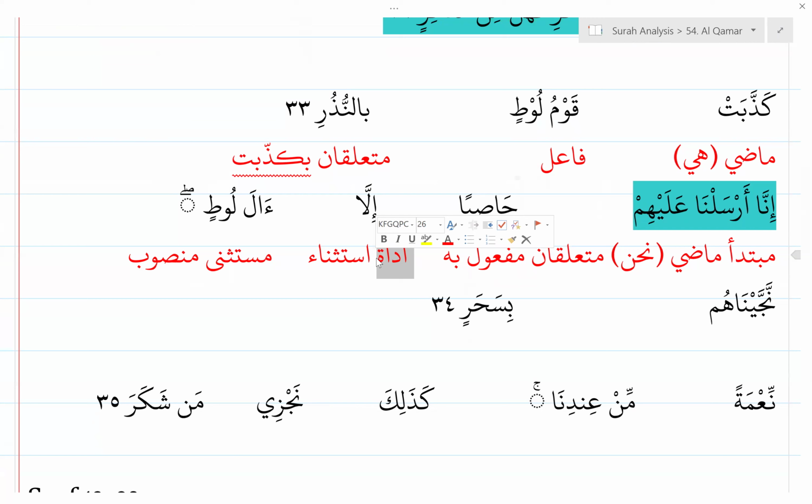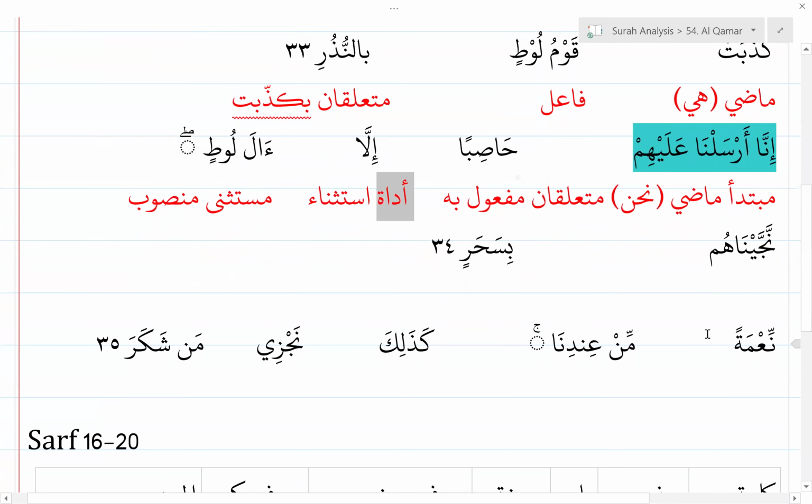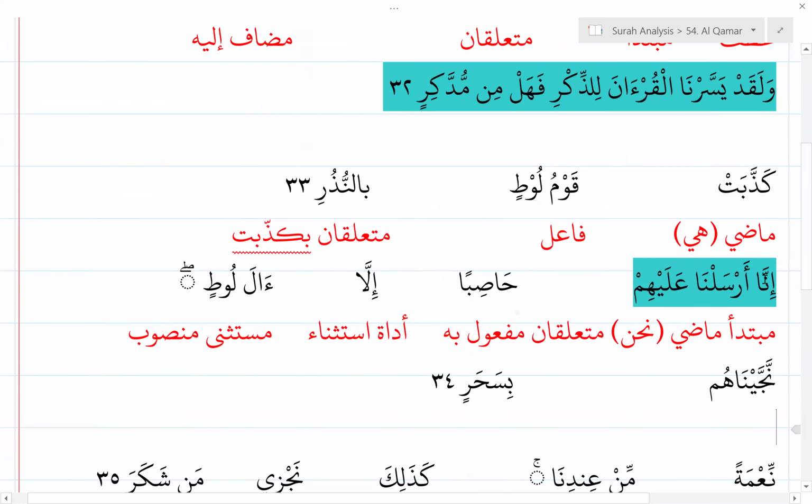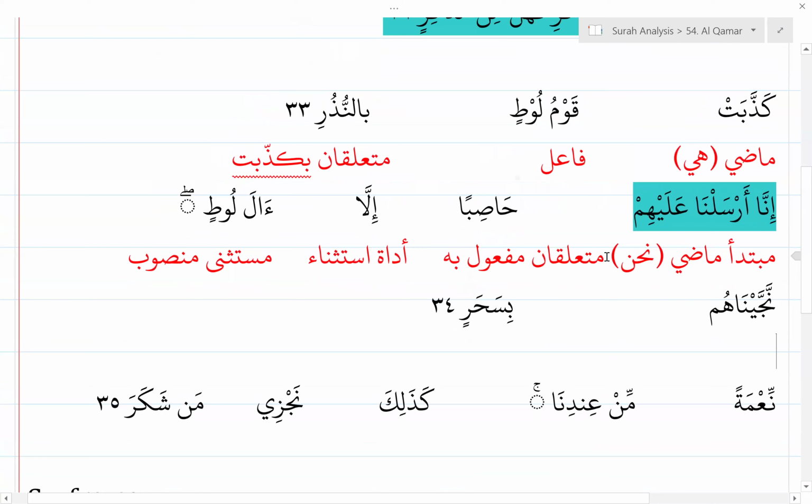Some of them are harfs, most of them are isms. So you have, for example, hamza is an adat al-istifham, but it's a harf. Okay, and then you have man is an ism. I'm pretty sure you knew that. We are all revising at this point. Yeah. Okay.